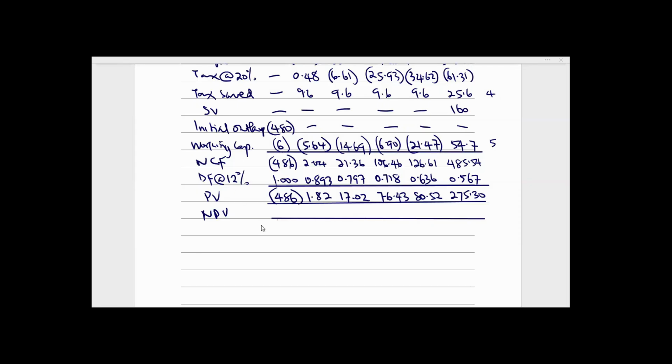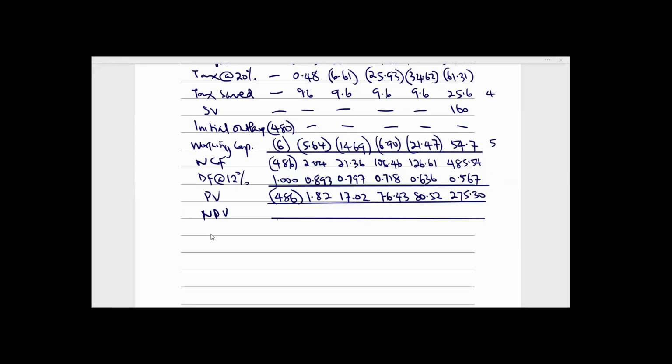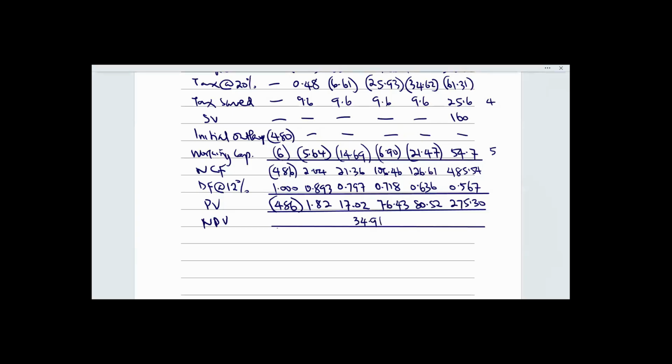You need to start from the positive first, which is 1.82 plus 17.02 plus 76.43 plus 80.52 plus 275.3 minus 486. The difference is negative 34.91.